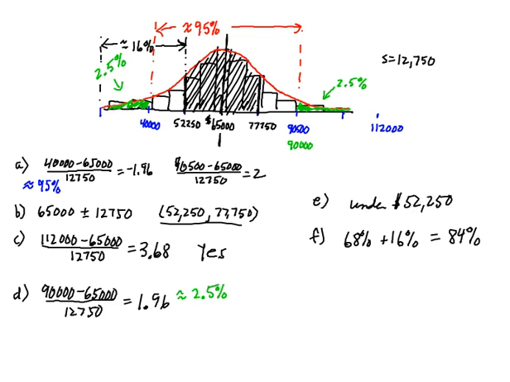Of course, another way you could do it is that half of the homes will be priced under 65,000, and 65,000 is right in the center. So you could take half under 65,000 and then half of the 68, because that 65,000 splits that middle 68%. Take half the 68 and add it to the lower half, and you get 84. Same thing. So there's another way to look at the same problem and answer it.